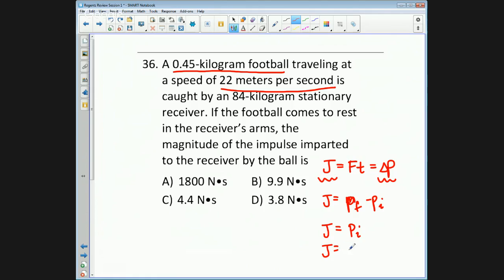So that would be 0.45 kilograms times 22 meters per second. 0.45 times 22, you get 9.9 Newton seconds. The unit for impulse is Newton seconds because force times time is Newton times seconds. So this is our answer, choice B.